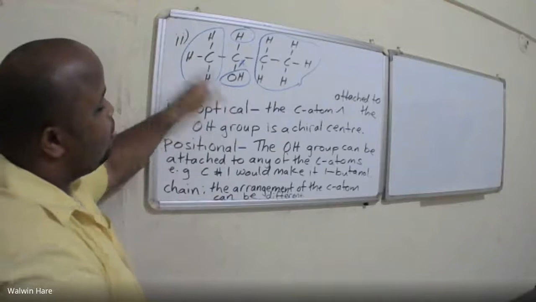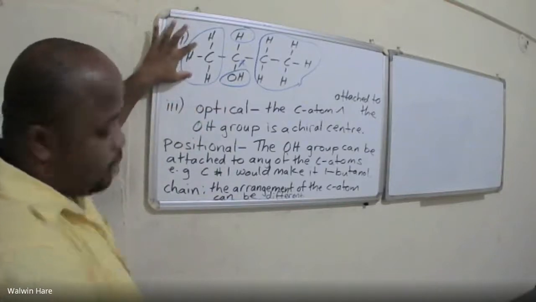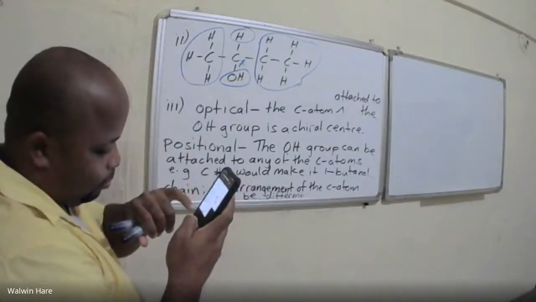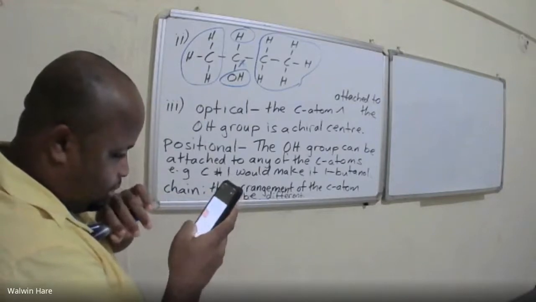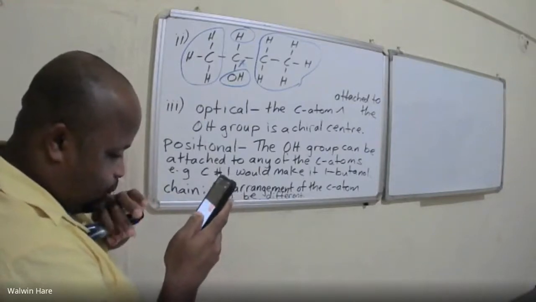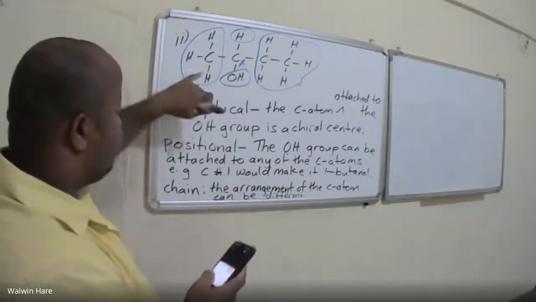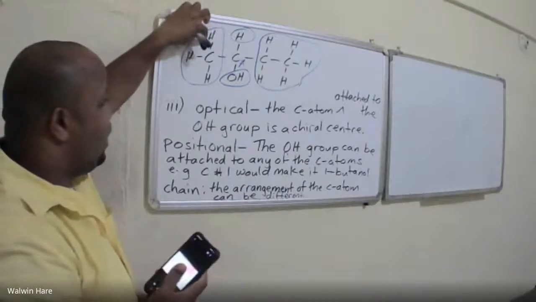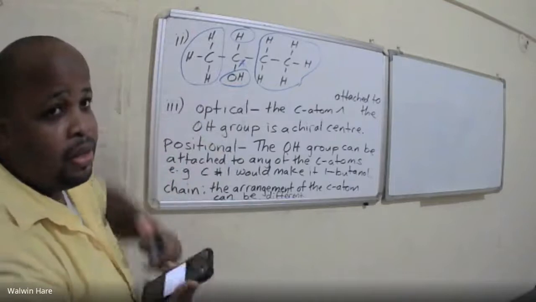But I think they're just referring to optical. Let me see the question again. State with one reason the type of isomerism that this is expected to exhibit. So it's this specific compound. Don't change the structure.